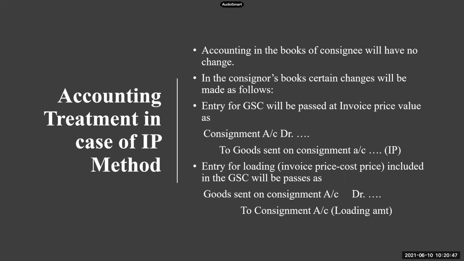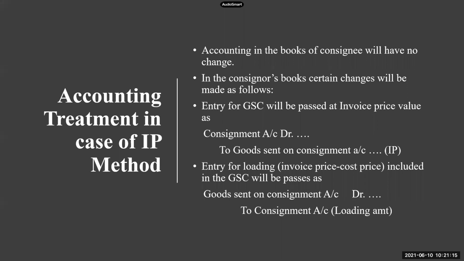If you are taking selling price and preparing the consignment account, the consignment account will not show you your correct profit because the profit amount is included in the goods sent on consignment. So we should remove that profit amount, or the loading amount, from the goods sent on consignment. We want to send it at invoice price only because the consignee should not know our profit.